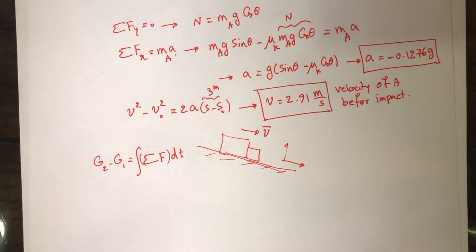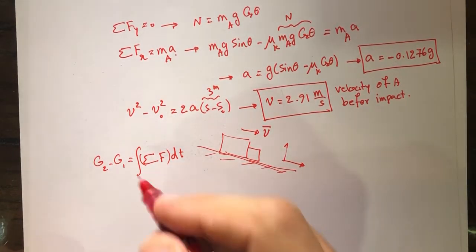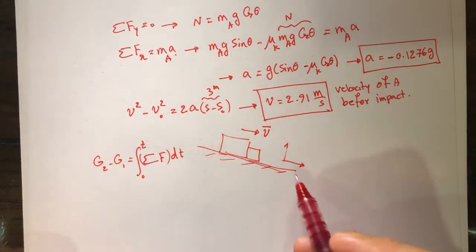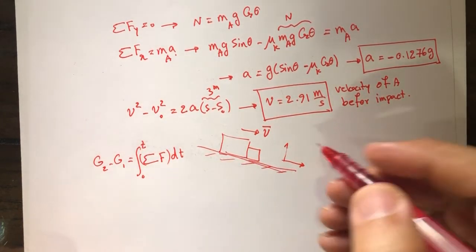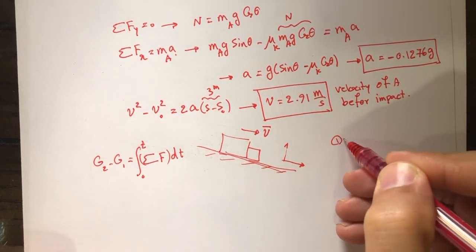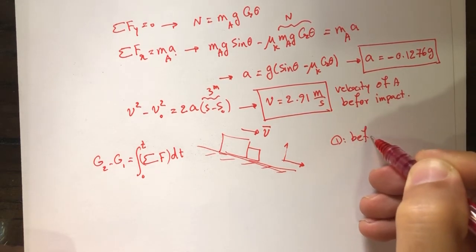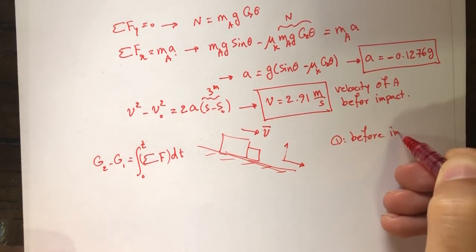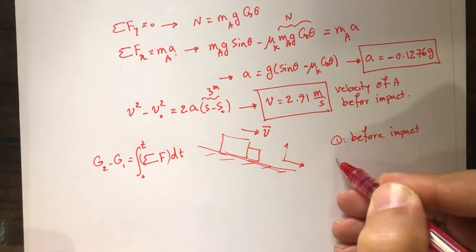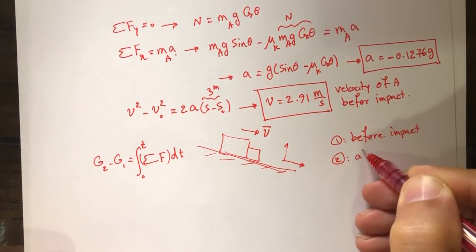But we need to consider that the duration of the impact is very, very short. So 1 means before impact, and 2 means after impact.